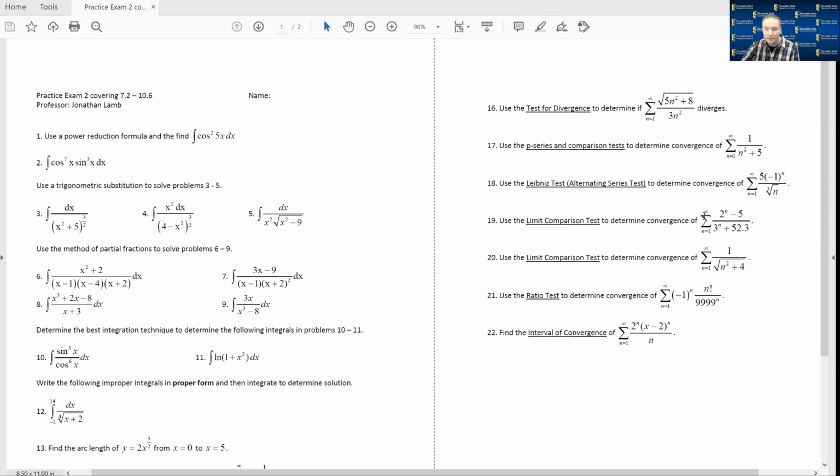Even if you just put in a small value of n like 10, 2 to the 10th power is ridiculously much larger than the little stinky minus 5. 3 to the 10th power, that number is enormous compared to the tiny little 52.3. So these numbers become inconsequential as n goes off towards infinity.